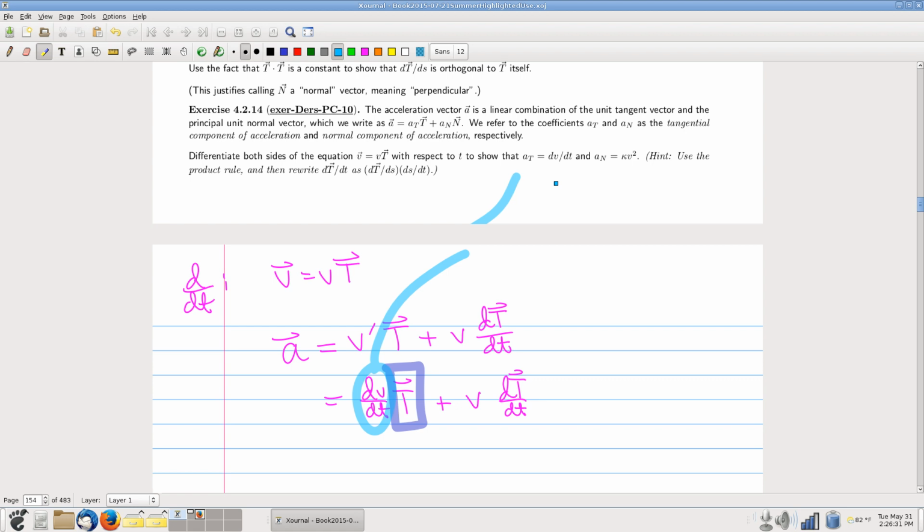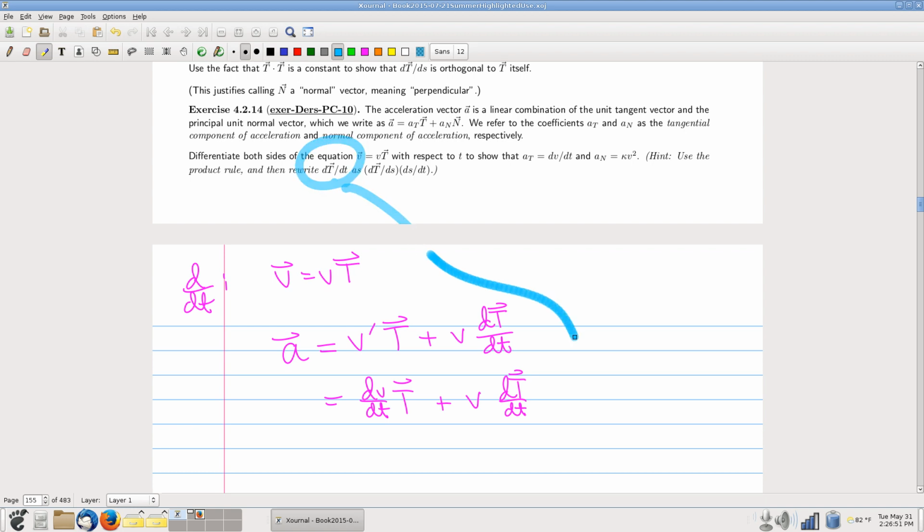All right. Okay, but then there's this other term, and of course, we have to be sure we understand what this is before we can go anywhere. So, all right, elsewhere in the hint, it says use the product rule. We already did that. And then rewrite that, namely that, as dt ds times ds dt.